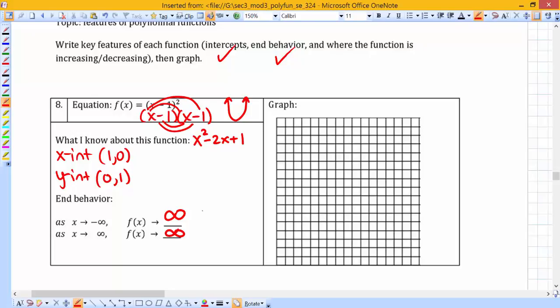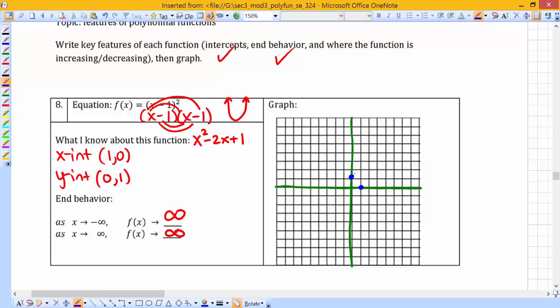So what I need to do is create this graph so I can find my intervals of increasing and decreasing. And we've talked about this in class. So I have one x-intercept, that's at (1, 0). I have one y-intercept.